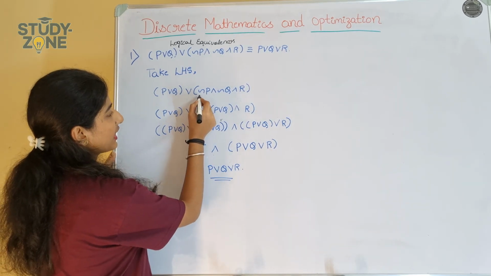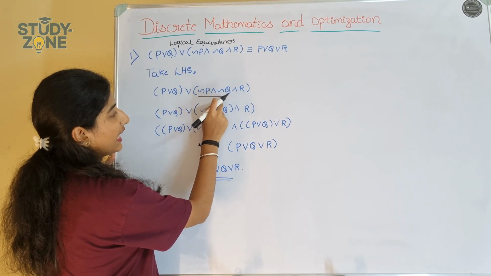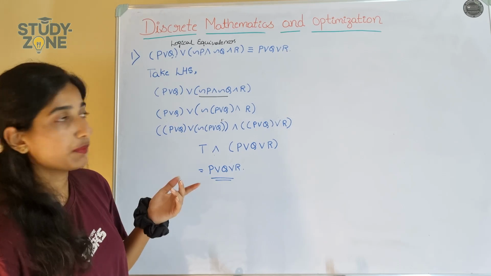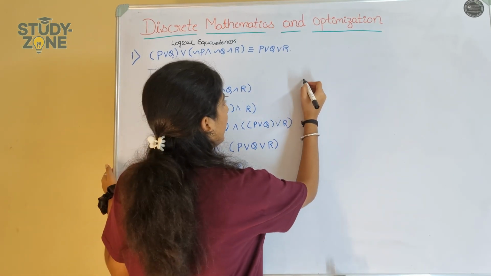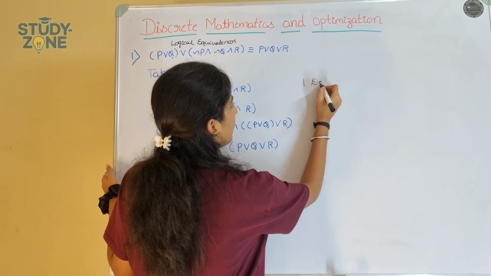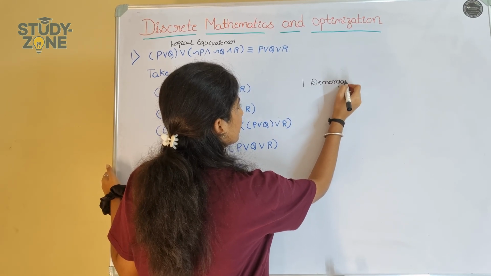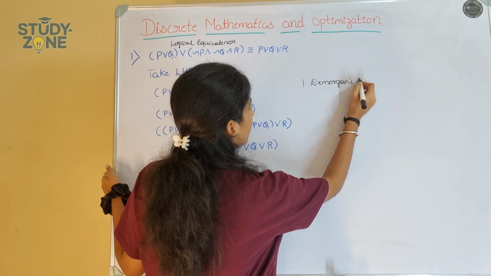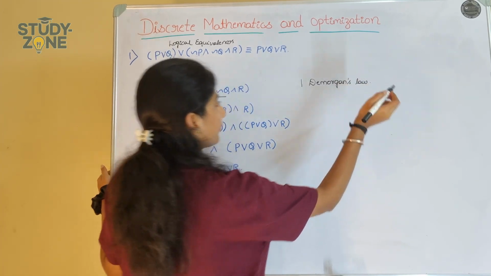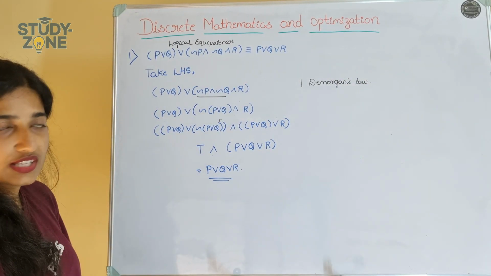And now look at this, here we have not P and not Q. Now I remember one law. Which law? De Morgan's law, correct? What does De Morgan's law suggest?